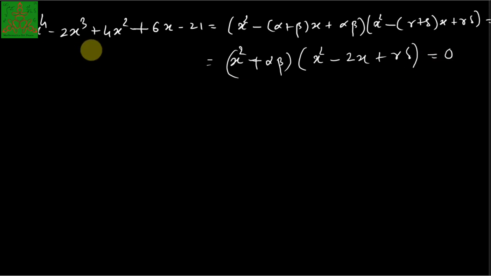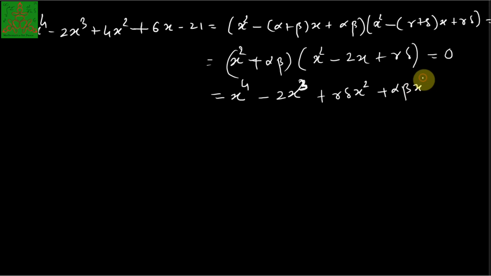Now if we compare the coefficients on both sides, because if I multiply these 2 brackets it will give you x power 4 minus 2x cube plus (gamma delta plus alpha beta) x square minus 2 alpha beta x, minus 2 gamma delta x, and the last term is alpha beta gamma delta.